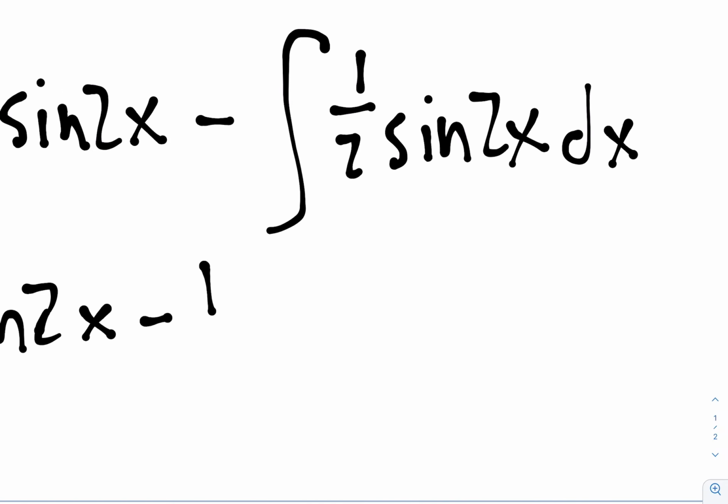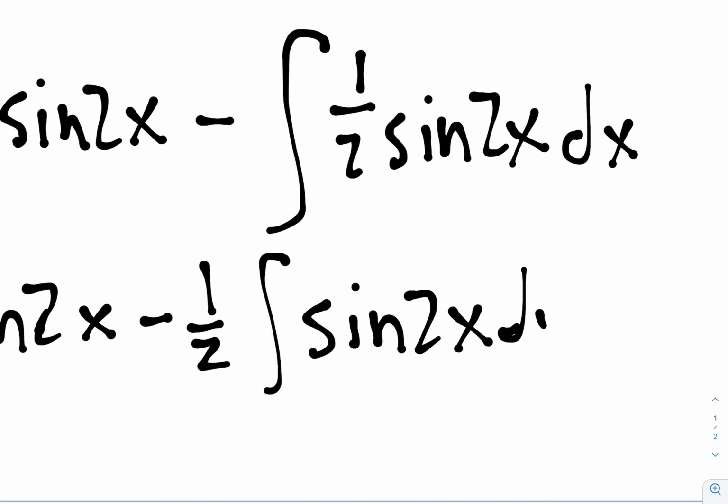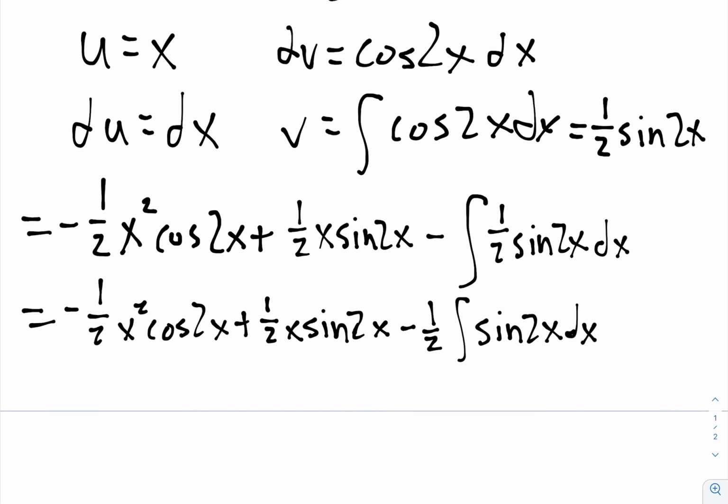So we're going to bring out this 1/2 times the integral of sine 2x dx. Okay. And when you integrate this, using your substitution, you're going to find that it's going to be this 1/2 out front times another half again.